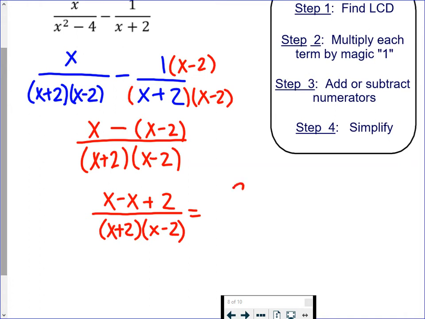So my x's disappear, and I'm left with 2 over x plus 2 times x minus 2.